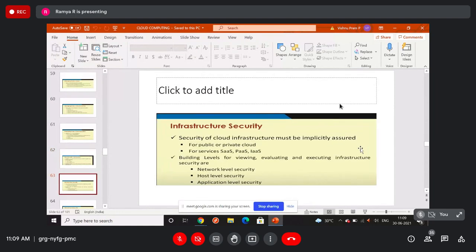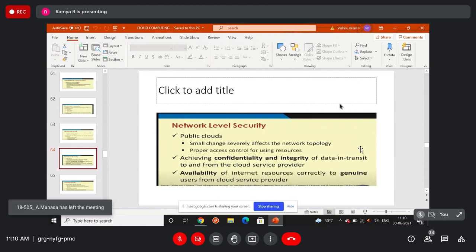In infrastructure security, security of cloud infrastructure must be implicitly assured for public or private cloud. So how can we build the levels of security? We can build levels of security at the network level, host level, and application level.